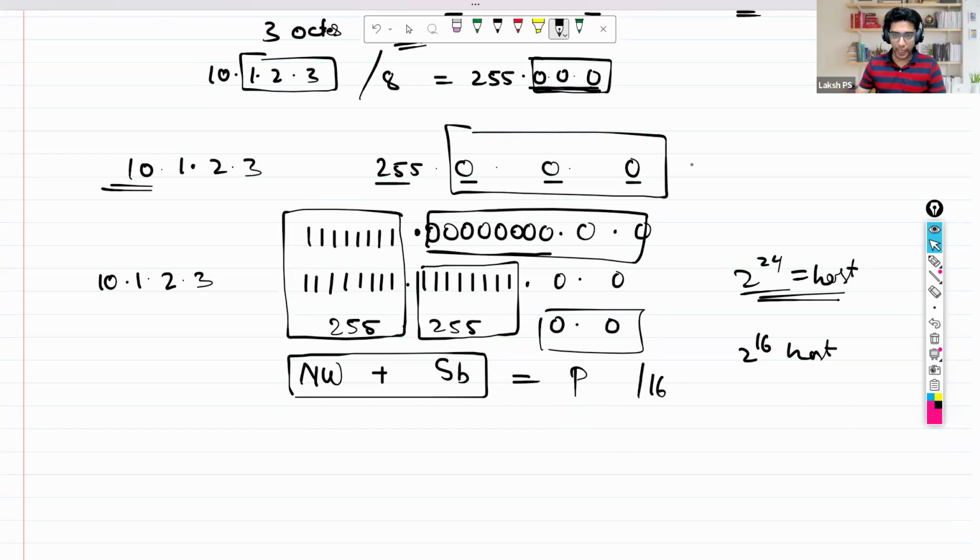Earlier it was /8, now it is /16. But in this /16, 8 bits are the original network bits and the remaining 8 bits are the subnet bits, basically the converted bits. Clear? Any question understanding what a subnet bit is in an address mask?